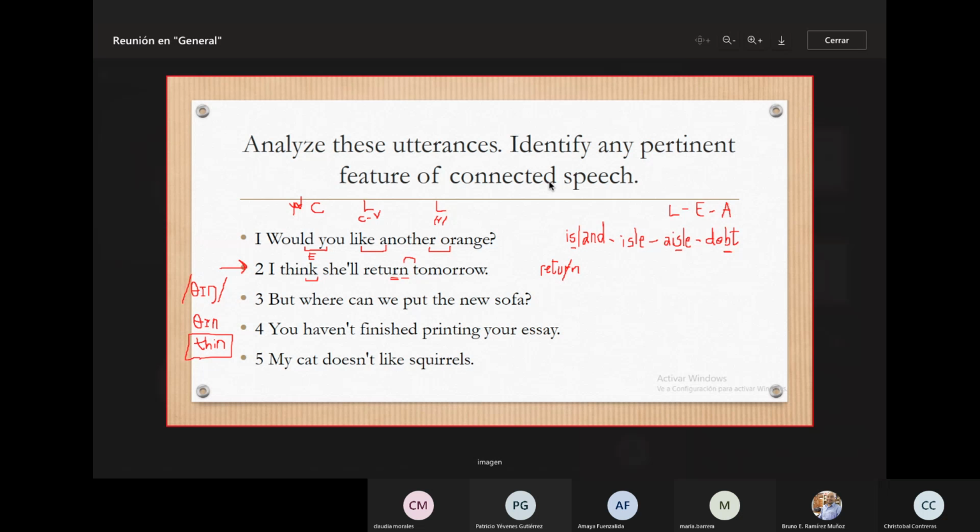What about linking? If you say my cat and you link that, it seems that we're saying just one word, my cat, because you have a vowel sound next to a consonant sound. So you may link those two sounds. What do you think? That's too crazy? Doesn't make sense?